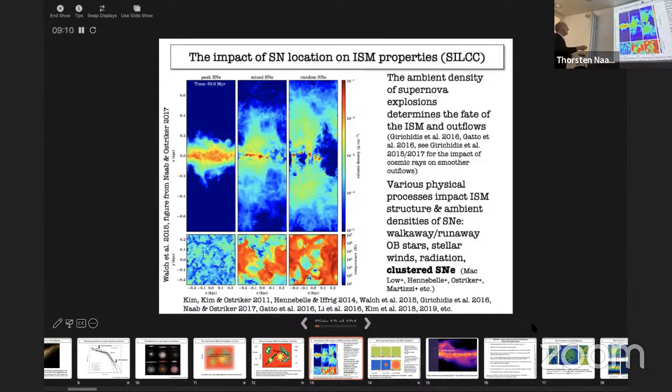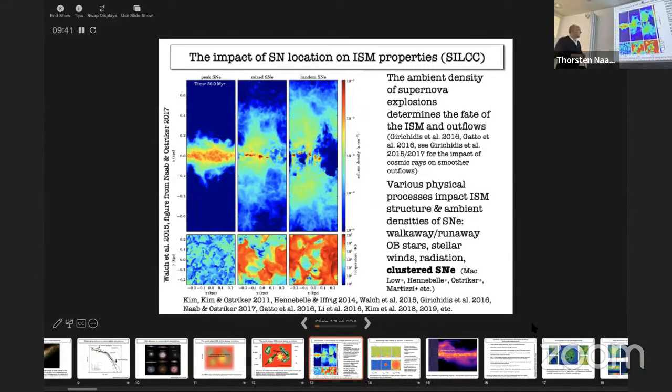So you see, when you explode all supernovae in the dense phase, you create a two-phase medium. Blue is cold, green is warm. It's turbulent, it's two-phase, but there's no hot phase. Only if you manage to explode supernovae in a lower density ambient medium at random locations is it possible to generate supernova bubbles that overlap and sustain a stable hot phase.